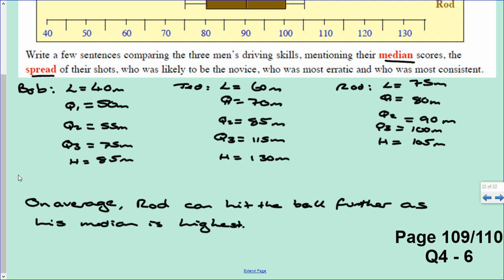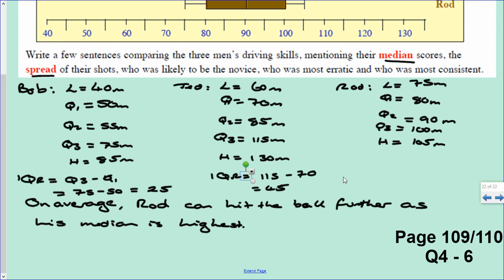What we want to do is for Bob, if we work out our interquartile range, so Q3 to Q1, it will be 75 take away 50, which for Bob is 25. This one is 115 take away 70, which is 45. And then here we've got IQR, it will be 100 take away 80, which is 20.